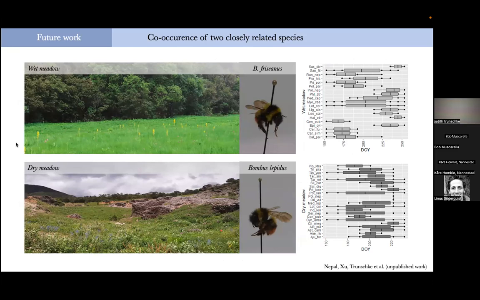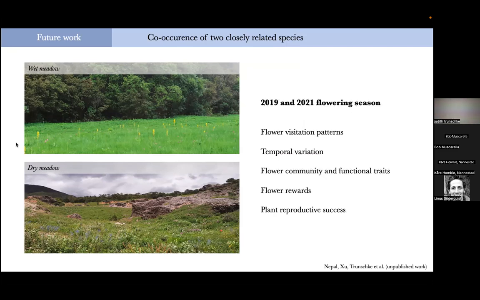And so we are analyzing whether one species, Bombus friseanus, more often occurs in wet meadows and Bombus lepidus more in dry meadows, whether they can actually avoid competition by specializing on wet and dry meadows in particular. And we have analyzed the functional traits again, the floral resources, and also the phenology patterns of these entire floral communities over the season.